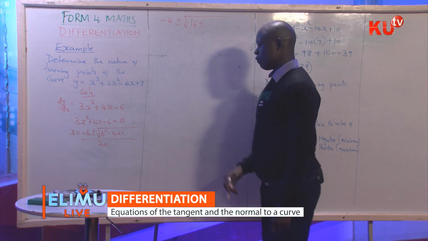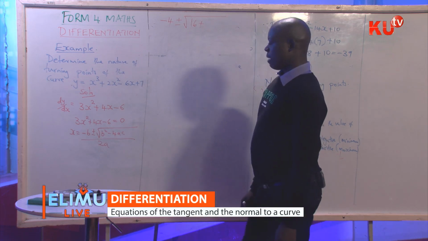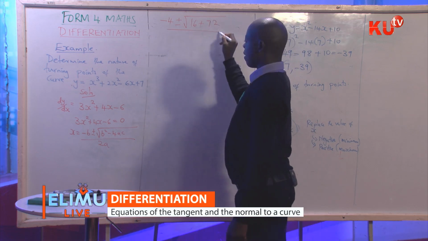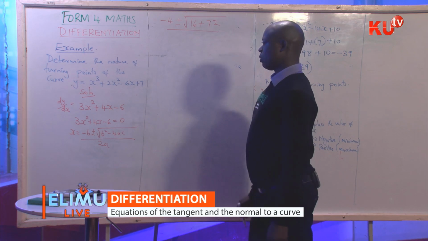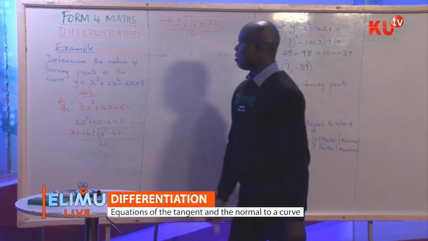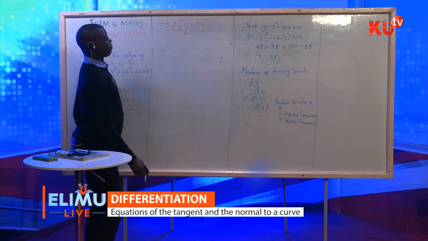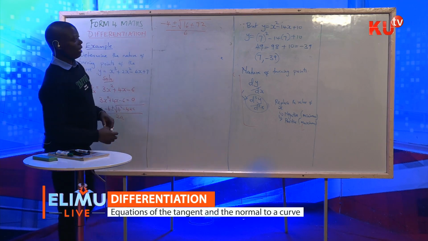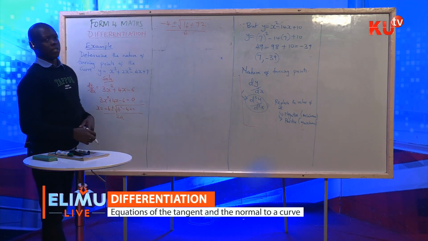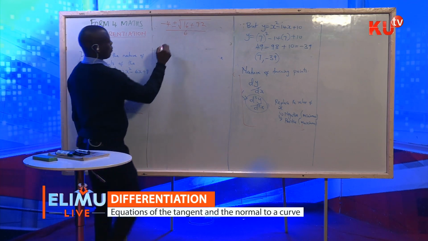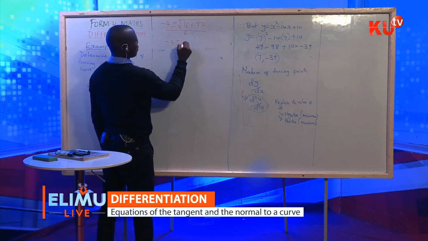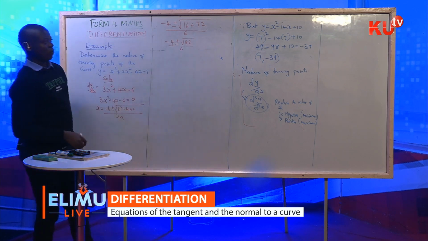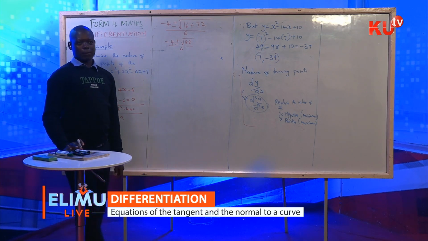So it will be plus. 4 times 6 is 24, times 3, that is 72, over 2a, that is 2 times 3, 6. 16 plus 72 gives us 88. So we have negative 4 plus or minus the square root of 88 over 6.